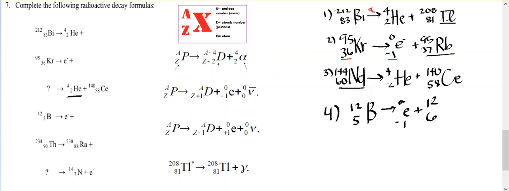So we get 6, which on our periodic table is carbon. With the beta decays, don't forget your neutrinos. So in this case, we will have the antineutrino, which conserves energy and momentum. We forgot to add it in number 2.